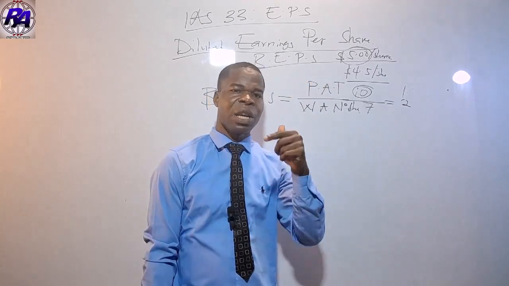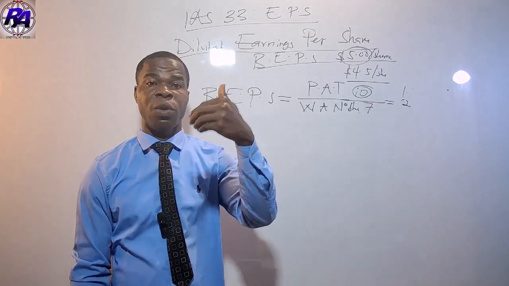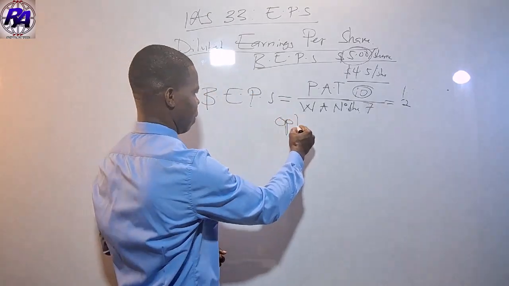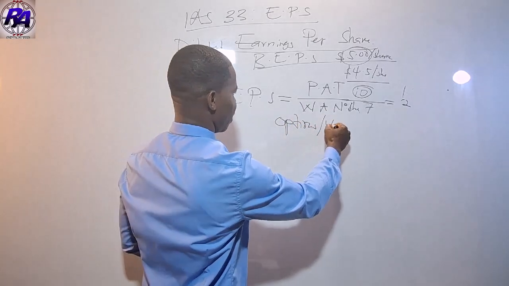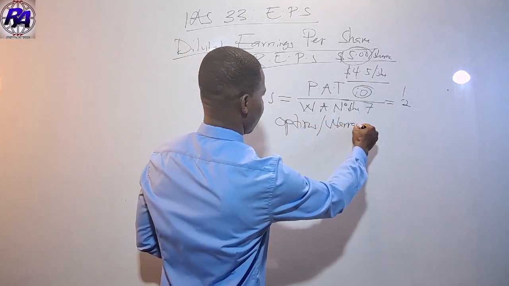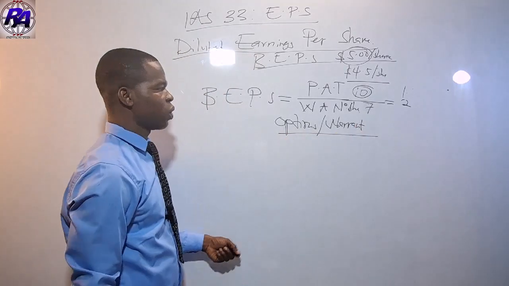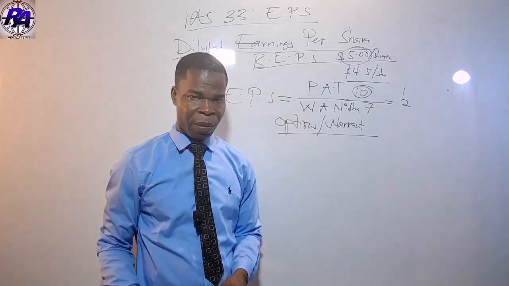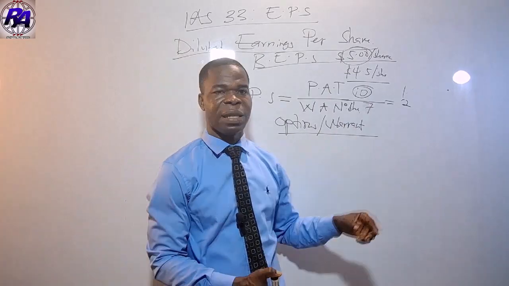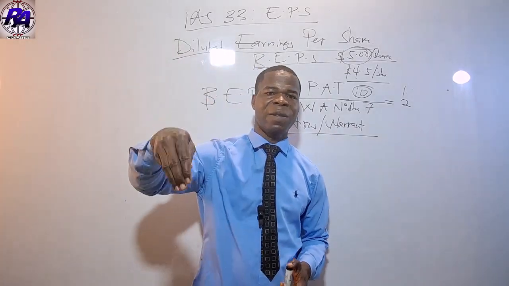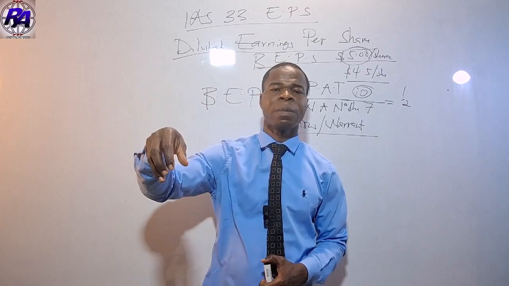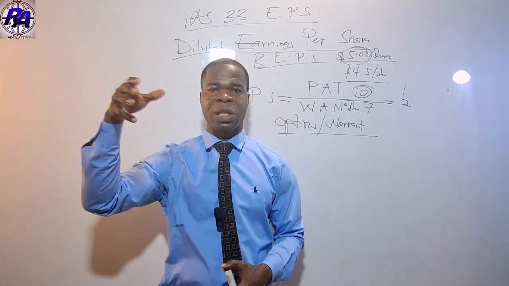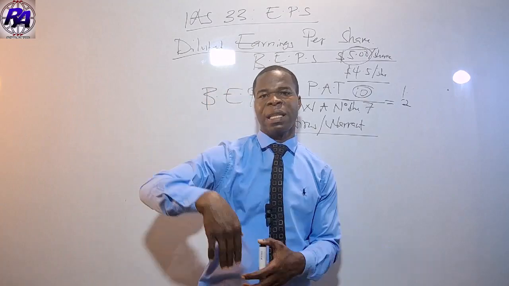We can also look at share options, or we call them options or warrants. Options or warrants also give rise to diluted earnings per share. An option or warrant is a contract that gives the holder a particular right to be exercised in the future. So it's a contract between an entity and another party.